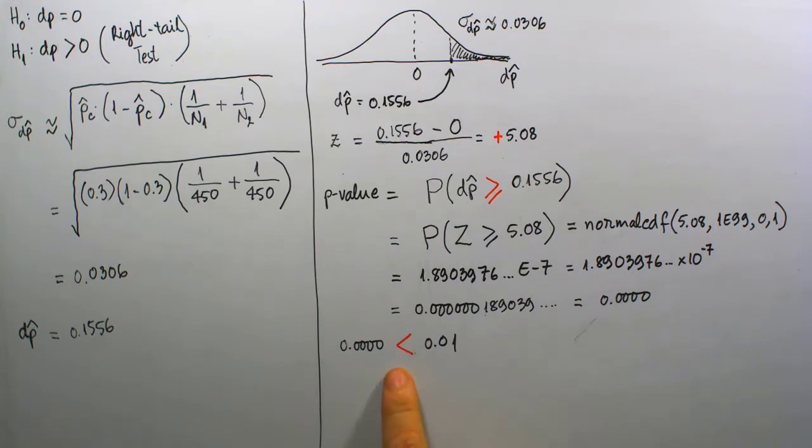And so upon realizing that our p-value, as a direct comparison, is well below the significance level, we are led to the conclusion that our sample, as a d p-hat, is an unlikely sample.